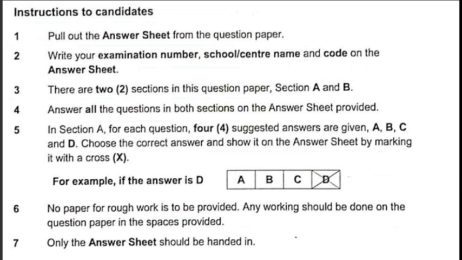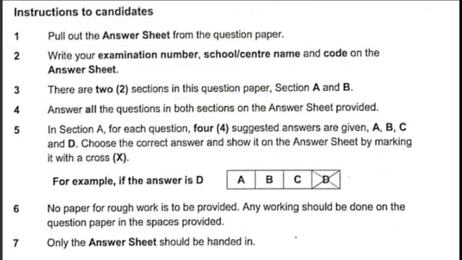Number 4, answer all the questions in both sections on the answer sheet provided. So you answer all the questions on the separate answer sheet which is given. From question 1 to question 30, your answers will be on the answer sheet. Do not leave your answers in the question paper.